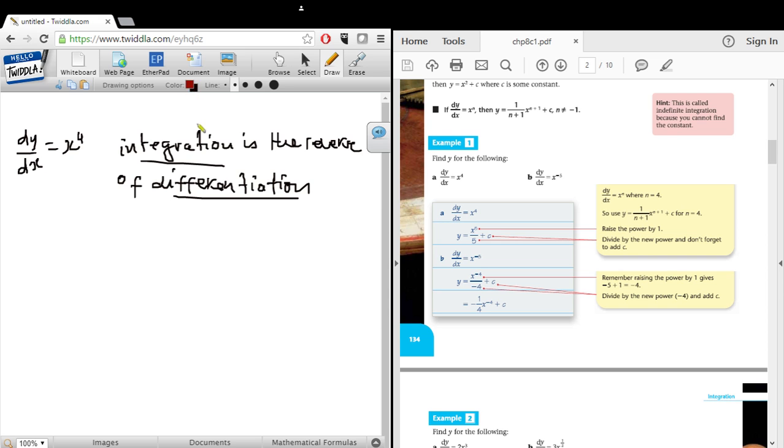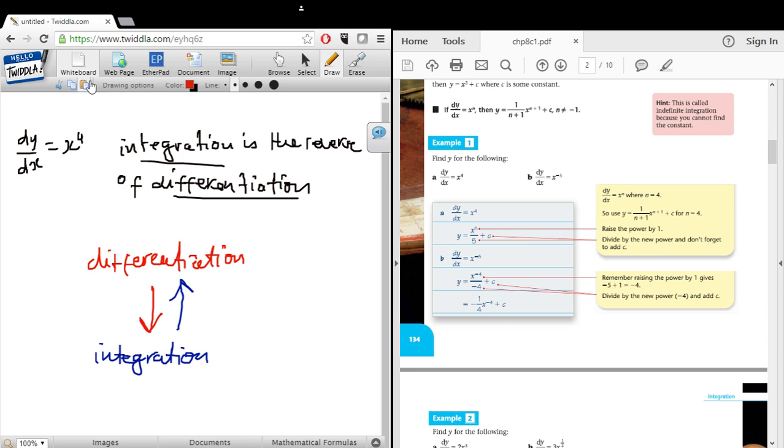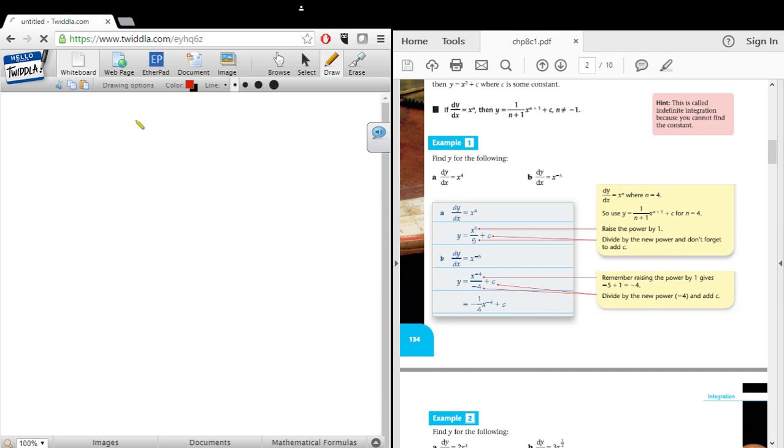So you have differentiation, which gives you integration, and I'll explain why. These two methods complement one another in the sense that you can go from one of the forms to the other by carrying out that particular technique.